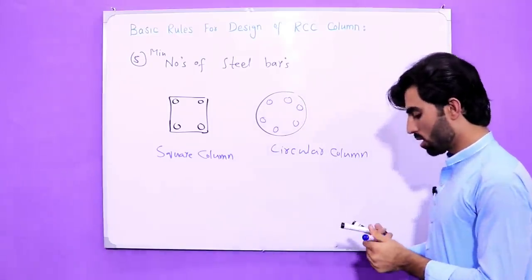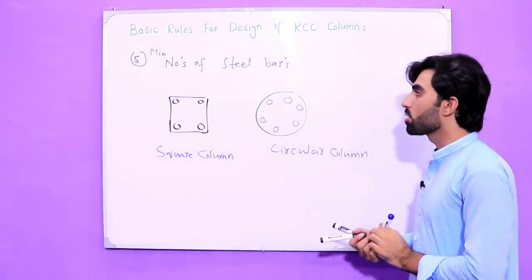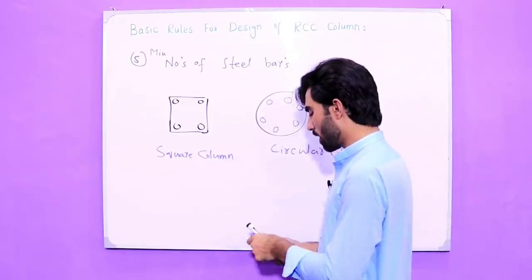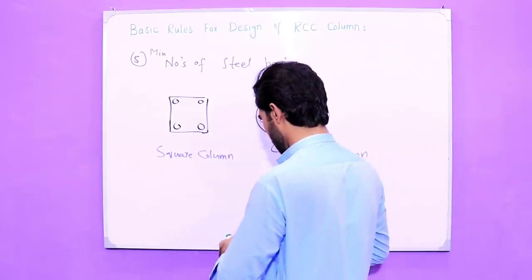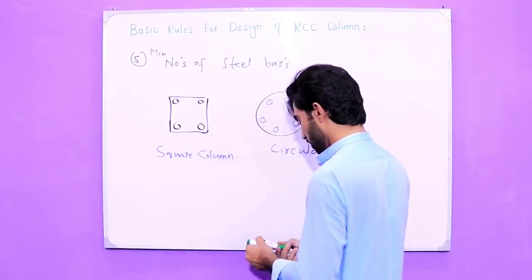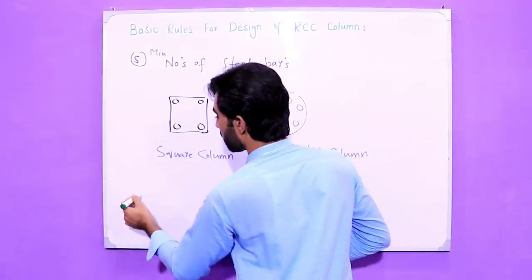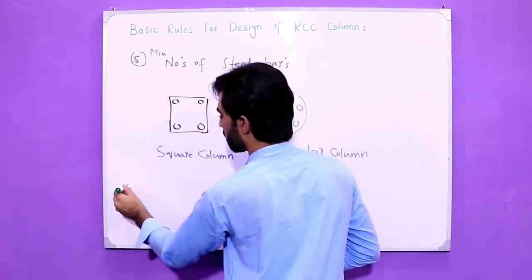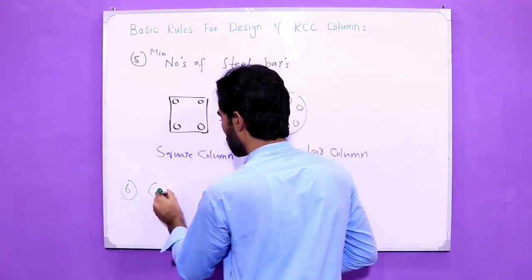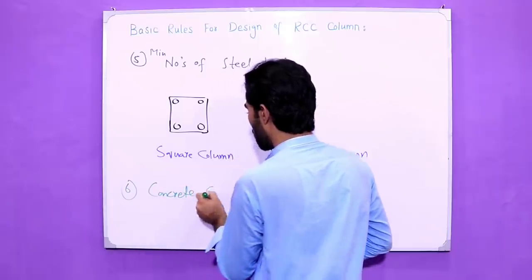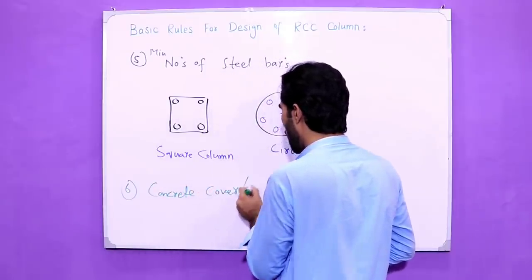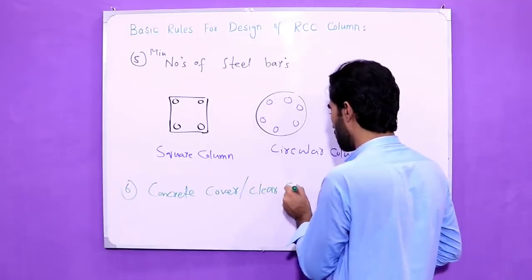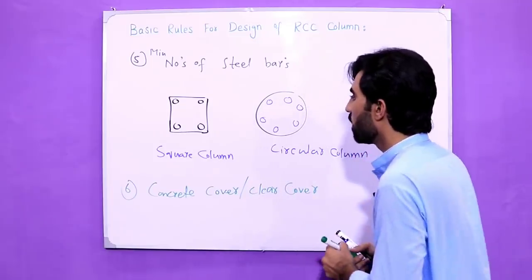Now, guys, the last one, rule number 6, is concrete cover or clear cover for column.